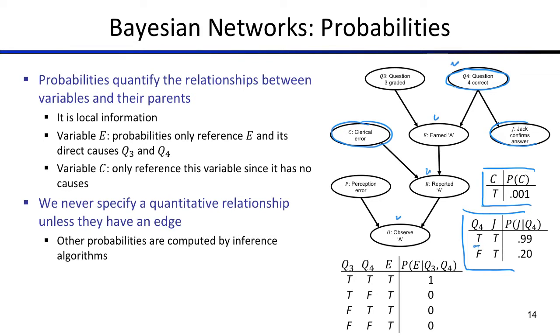So Jack knows the content of the material very well. So if we both got it correctly, the probability of Jack also having Q4 correct is very high, right? And we can see that, as in the case of the first table, the table for C, we are compacting the representation, because we have just two possible values, true or false.